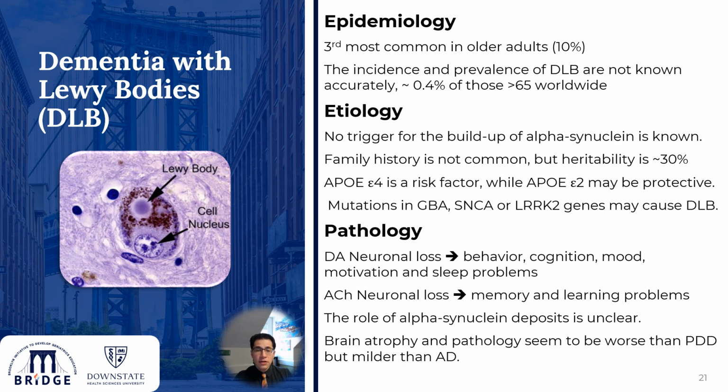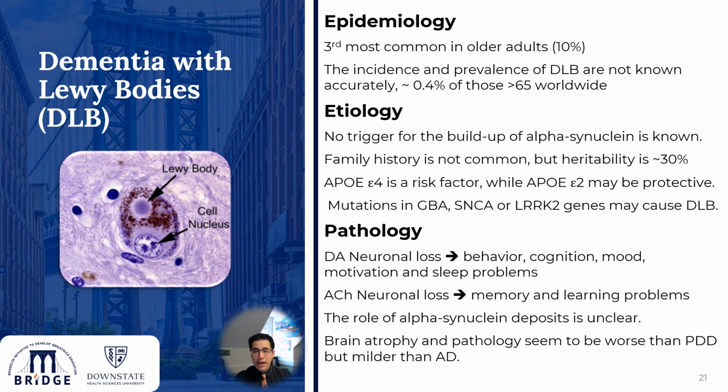So it is considered the 3rd most common major neurocognitive disorder in older adults after Alzheimer's and vascular disease. The incidence and the prevalence are not known accurately, but it's roughly 0.4% of those more than 65 worldwide. There is no exact trigger for the buildup of the alpha-synuclein.